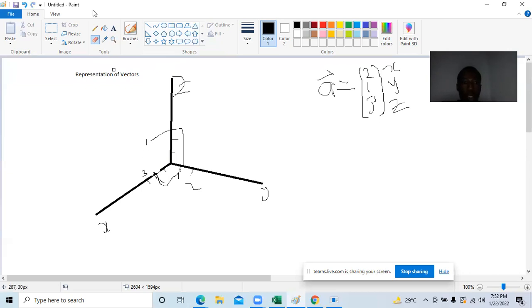Just try to connect the dots and you'll be able to give it a good representation. So I'm going to have this here, which is going to be connected to this. So this is how my vector 2, 1, 3 basically looks, a 3-dimensional vector. This will be the direction of my vector.